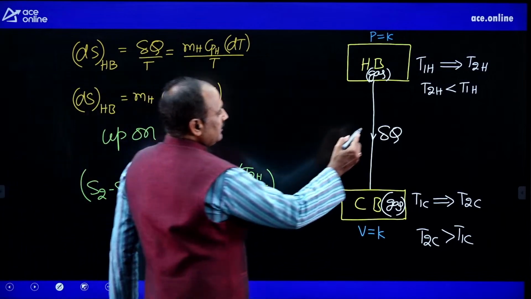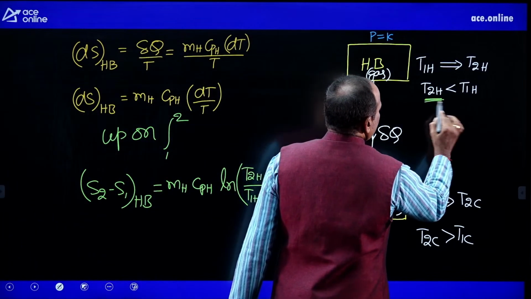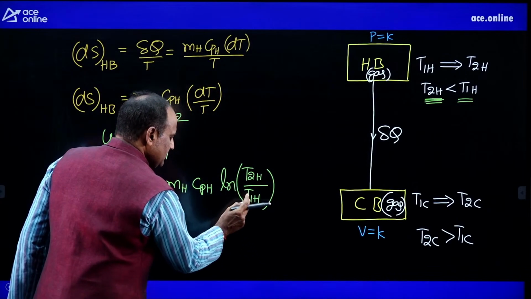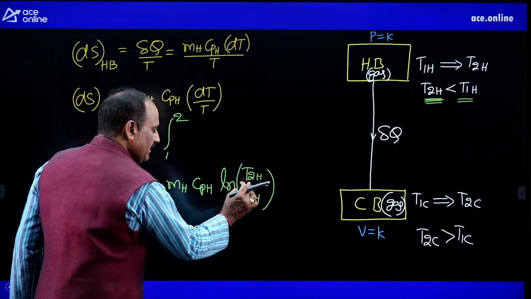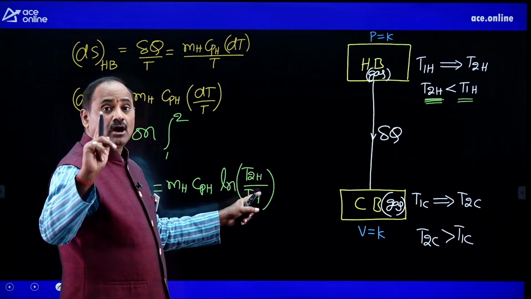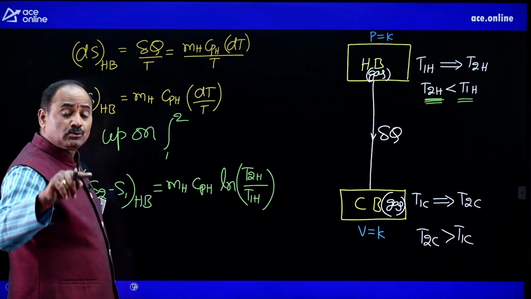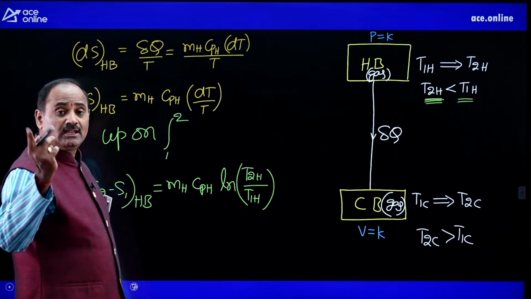Now look at the T2 of the hot body. T2 of the hot body is less than T1 of the hot body. That means T2 is less than T1. This is a fractional value. ln of a fractional value is always negative. That means change in entropy of the hot body is negative. That will be decided by your calculator.